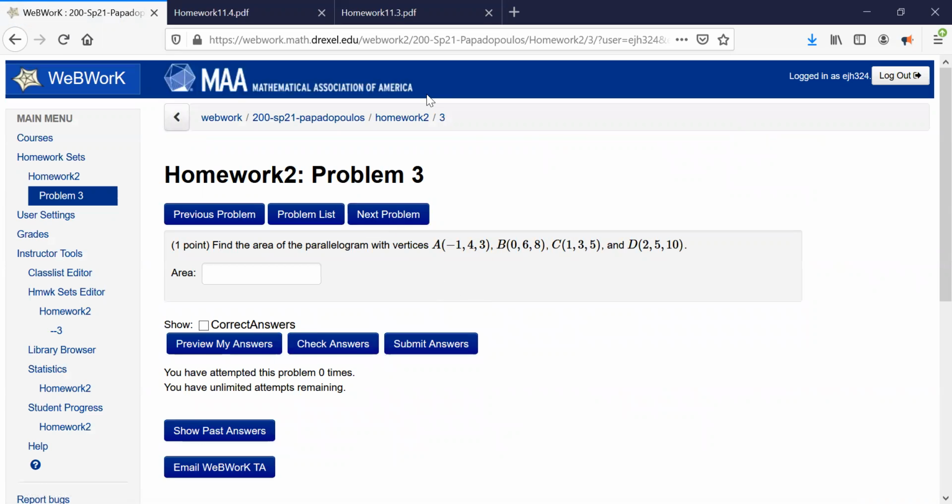So this one, I also wanted to point out, if we want to find the area of this parallelogram, then we would draw the picture of this, and then pick 2 of the adjacent vertices.